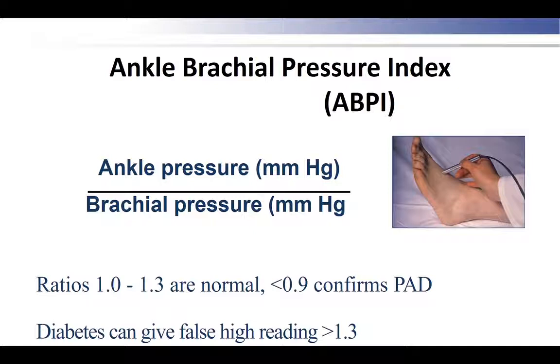So we use 0.9 as our cutoff. It's very sensitive, more sensitive than FOB in picking up cancer, more sensitive than cervical screening and mammography. The only catch is with diabetes, when you can get calcification and stiffening in the vessels, they don't compress, in which case you do a toe blood pressure.